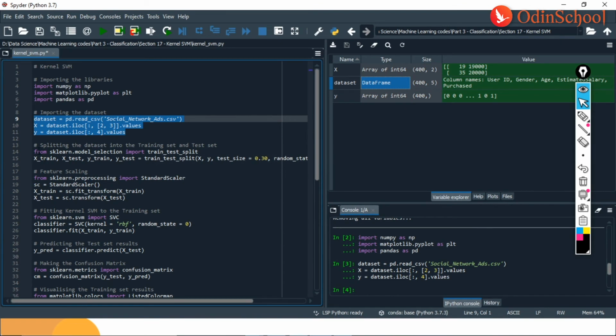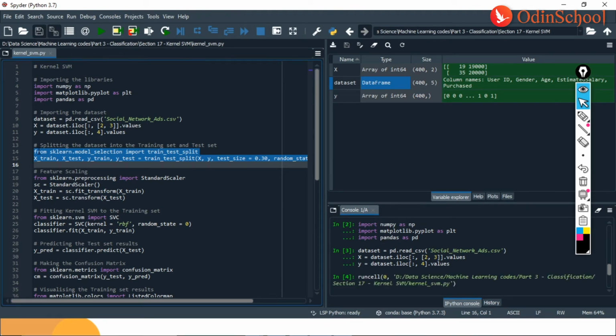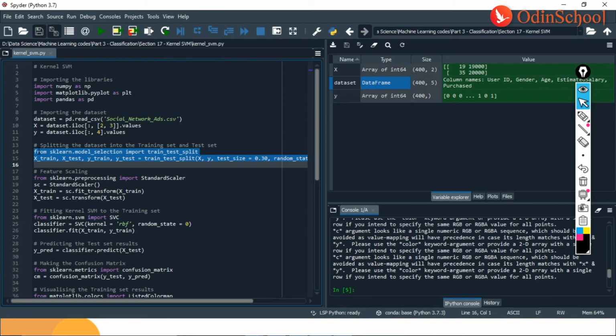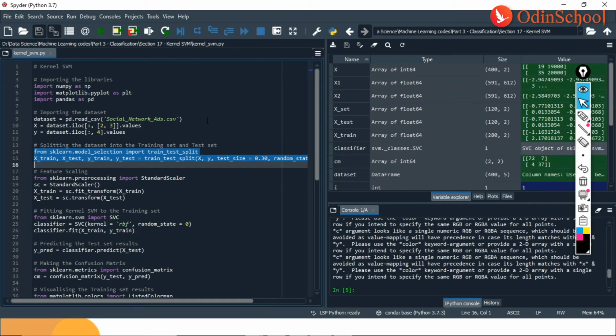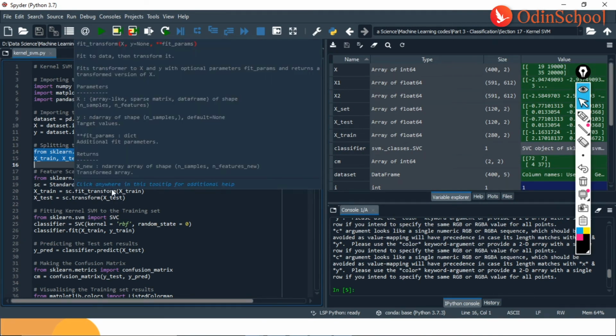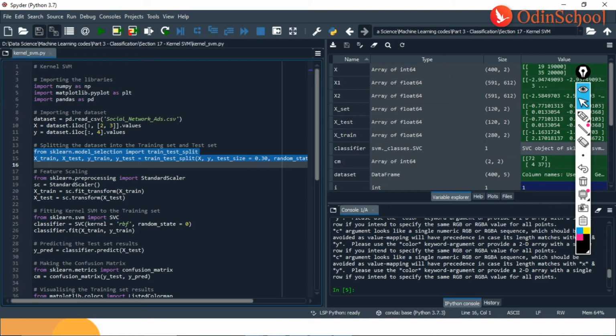So yeah, based on age and estimated salary, I would be trying to understand if the item is purchased or not. So then comes the next step, which is splitting the data. In splitting the data, I'm using 30, which is my test size, and 25, which is my train. All right, so here we have test set and train set, and then after this we would be working on the feature scaling. When we talk about feature scaling, it is the same step which we did earlier too. It is the same standard scalar, the same library, that is sklearn dot preprocessing.